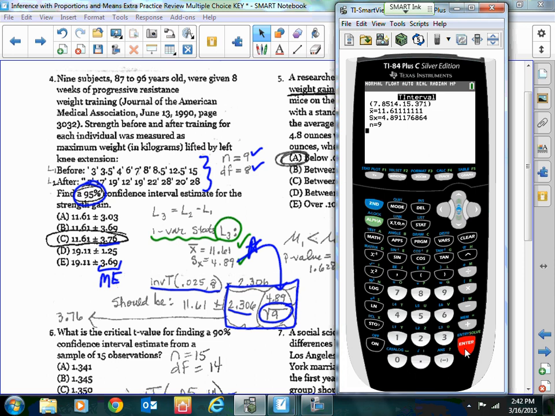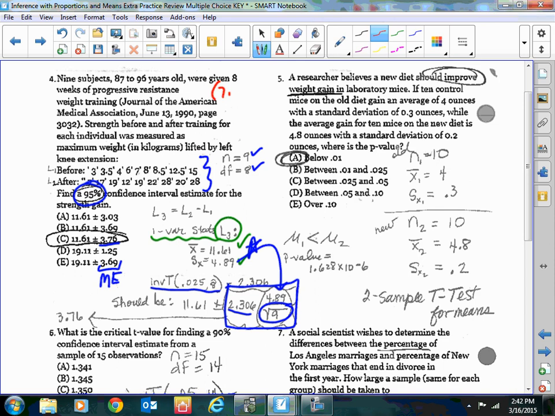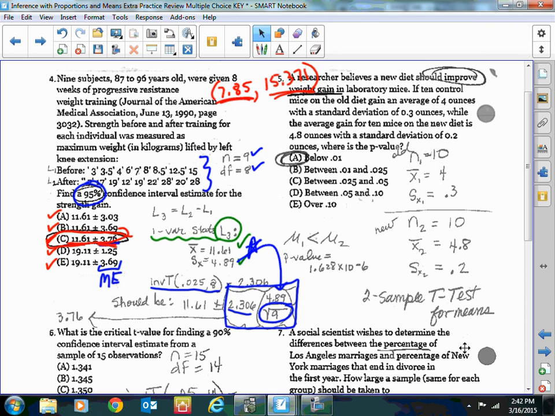So I say to myself, okay, I need to go from 7.85 to 15.371, and now I'm going to guess and check which one of these down here gives me that answer. If you take 11.61 and add that 3.76, you get the top number, and 11.61 minus 3.76, you get the bottom number. So you can guess and check without doing all this other stuff by hand. Okay, that's another option.